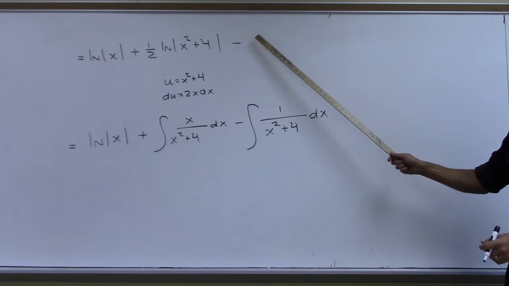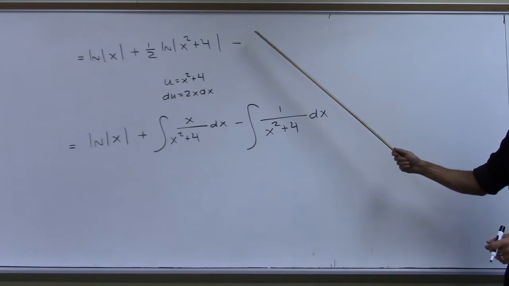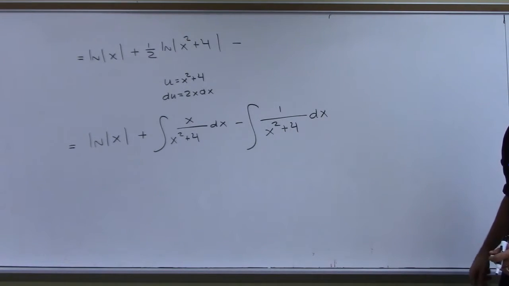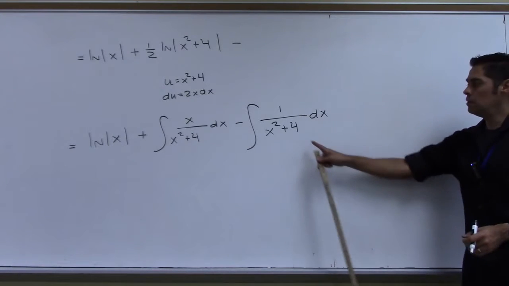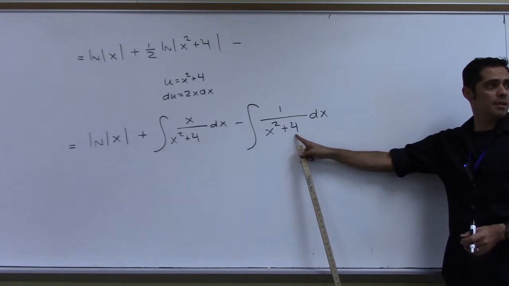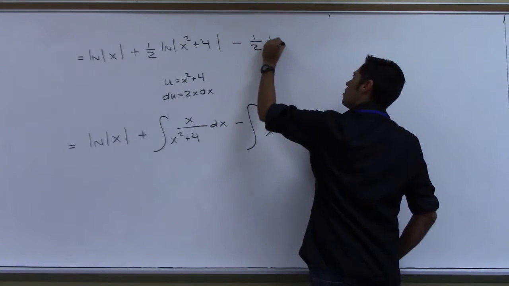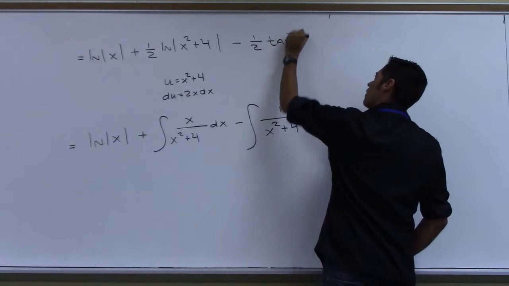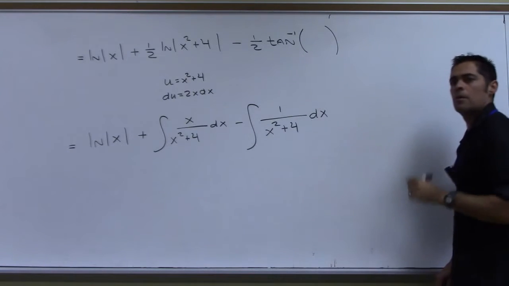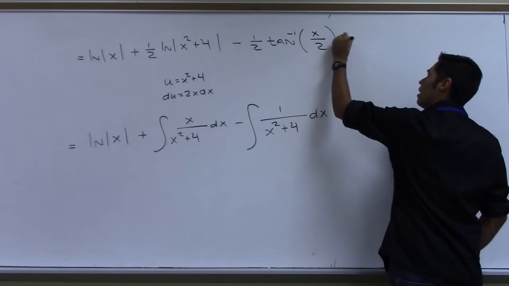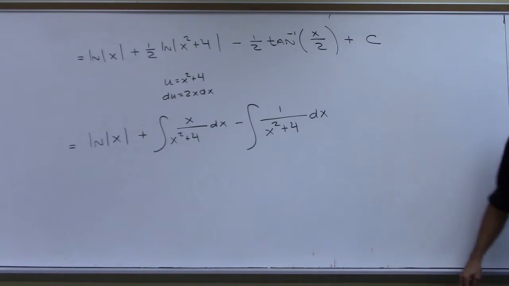It's minus formula 17. 1 over a, what's a for us here? 2, it's the square root of this. So 1 over 2, arctangent of what? U over a, so for us, x over 2 plus some constant.